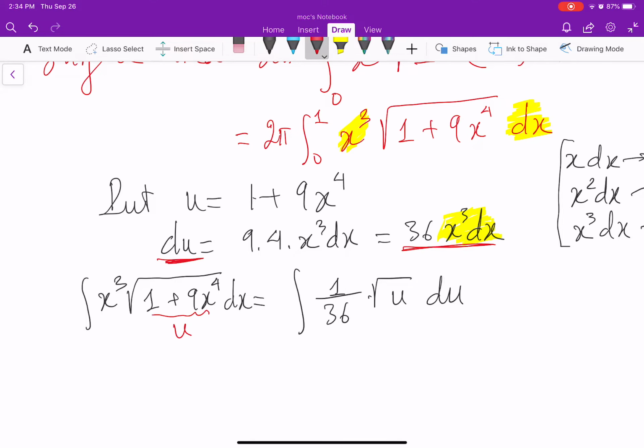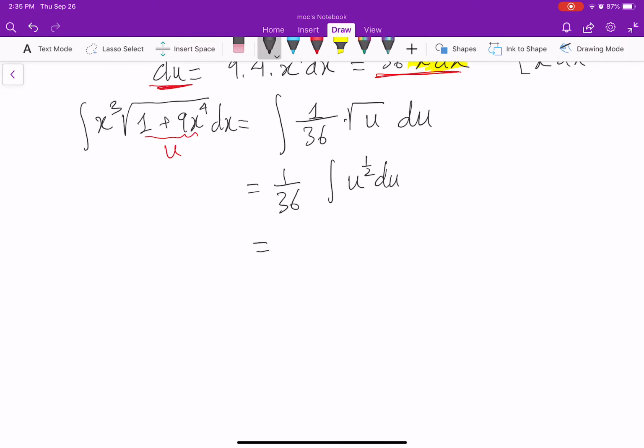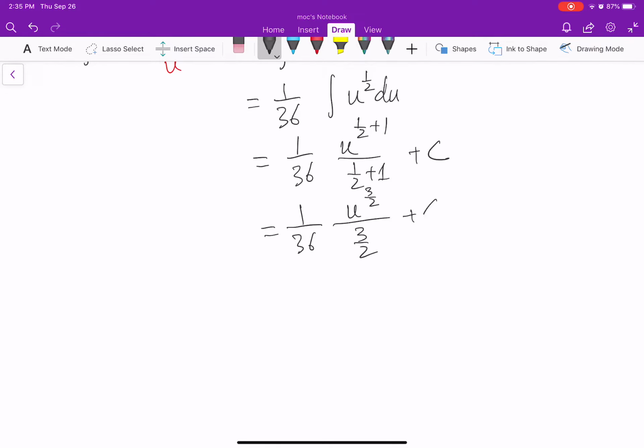And this integral is pretty easy. That is 1/36 integral of u to the 1/2 du, and you can use the power rule. It's just 1 over 36 times u to the 1/2 plus 1, over 1/2 plus 1, plus c. Let's simplify that. Here 1/36 u to the 3/2, and here 3/2, plus c. So you flip 3/2, just multiply by 2 over 3.